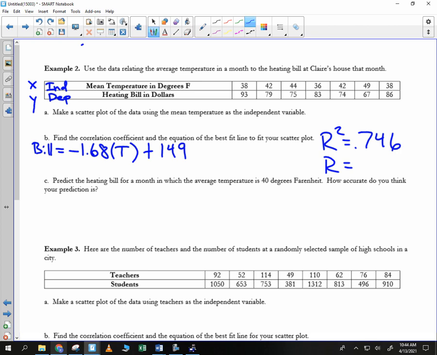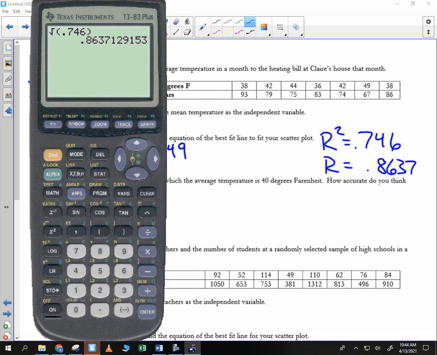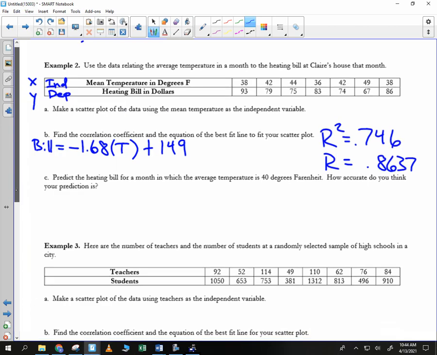So if r squared is 0.746, what would we have to do to come up with r? Yeah, so when we take that 0.746, we take the square root of it, and our r value is 0.863. Now, this isn't totally true.